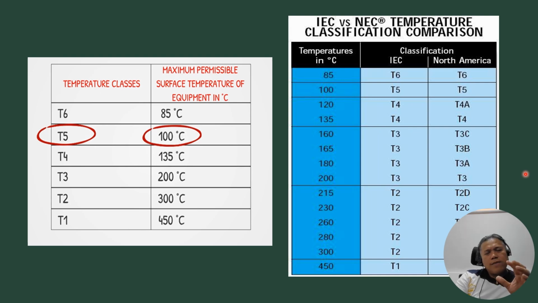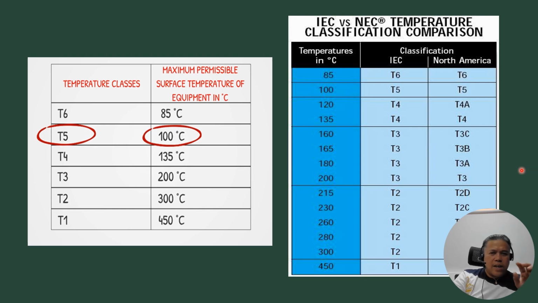That's why during our preparation of area classification and zoning, you have zone 0, zone 1, zone 2. So this is how we determine, and as per our design team, we need to identify whether this is zone 0, zone 1, or zone 2. This is based on our equipment requirements.